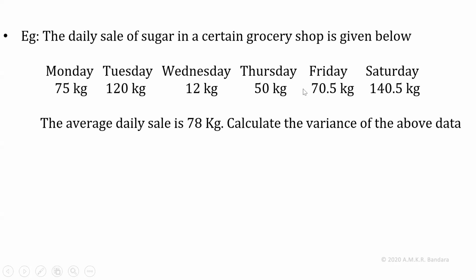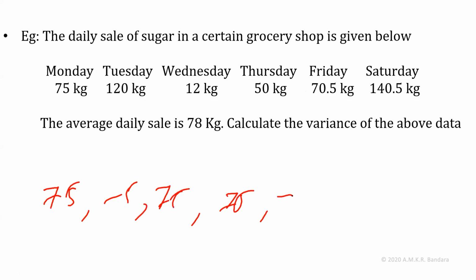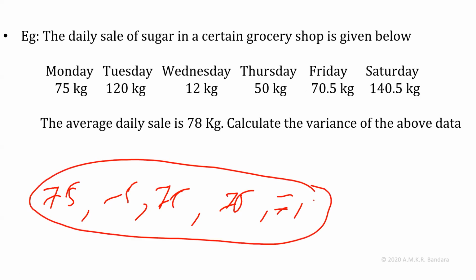If every day that grocery had sold 75 kilograms, this data set would not have variability. Every day 75, so the variability of this data set is 0.